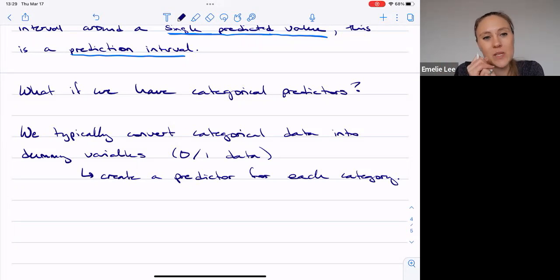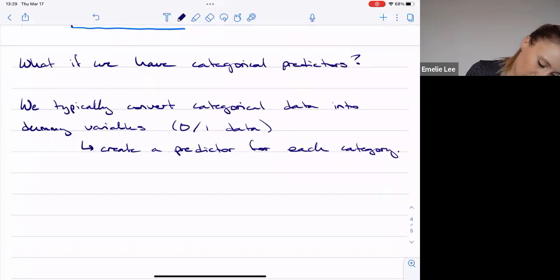Now, what happens if I have a large number of categories? Then we might think, I'm not going to gain a ton of information from being really nitty-gritty in these categories. Can I consolidate these categories?